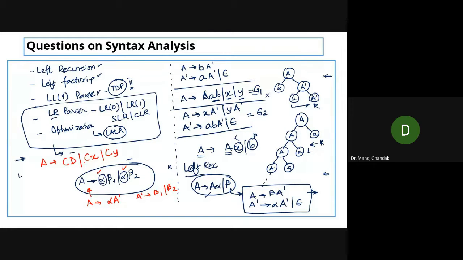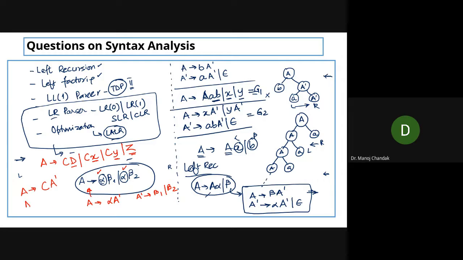So how do we translate? Here we have something like this. Assume that there is one more symbol called capital Z. So not an issue. This is beta 1, this is beta 2, beta 3, beta 4. So you can always write A tends to capital C A dash.